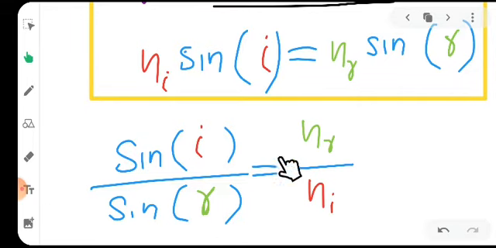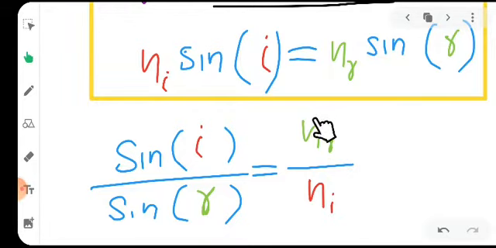The following ratio is supposed to be a constant. So now what you have found out is the value of the constant itself. The constant itself is actually the ratio of refractive indexes. So what was Nr? Nr is the refractive index of the second material, if you say the light is transmitted to the second material, and Ni stands for the refractive index of the first material where the light ray was incident.